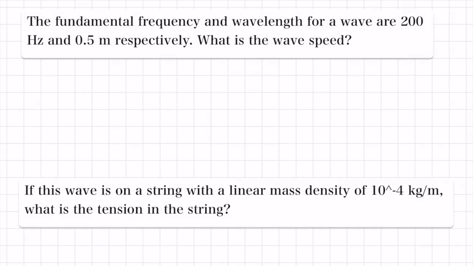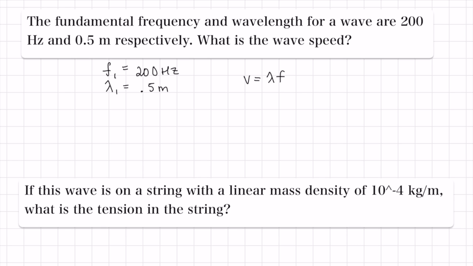The fundamental frequency and wavelength for a wave are 200 Hz and 0.5 meters respectively. What is the wave speed? Since we have our frequency, I'm going to call this f1 since it's our fundamental frequency, 200 Hz. Our fundamental wavelength, lambda 1, is 0.5 meters. We can just use the wave relation to get the speed of the wave. We'll have v equals lambda times f.